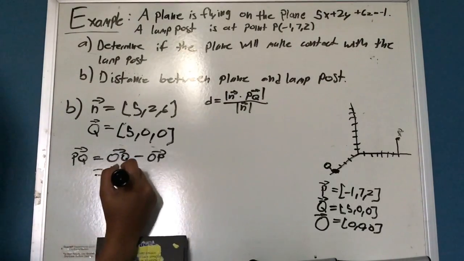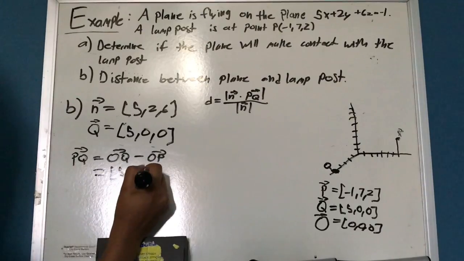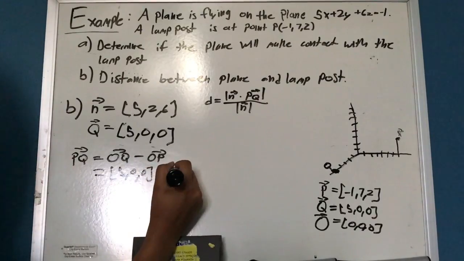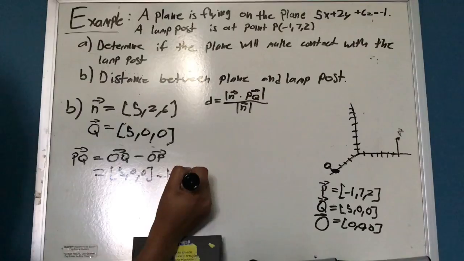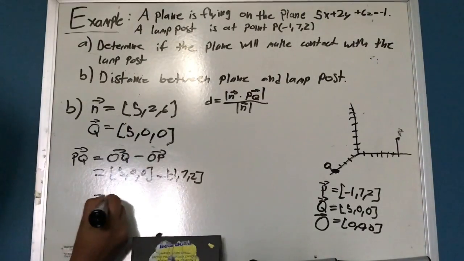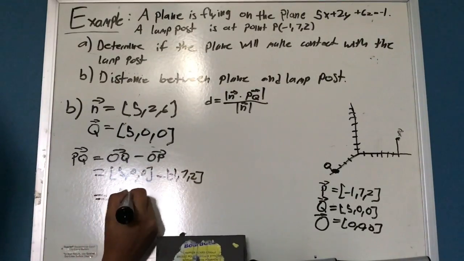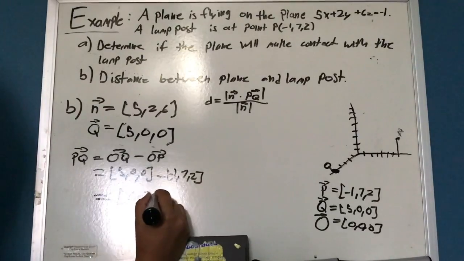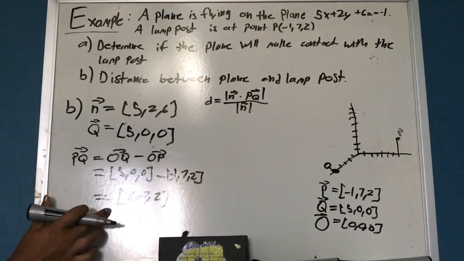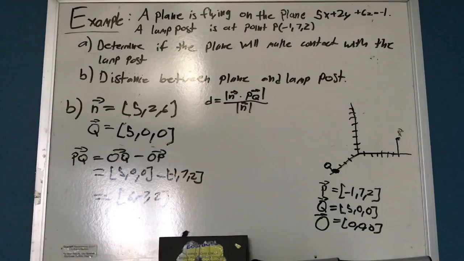So it's going to be 5, 0, 0 subtract negative 1, 7, 2, which is going to give us this value for PQ, which is also the projection.